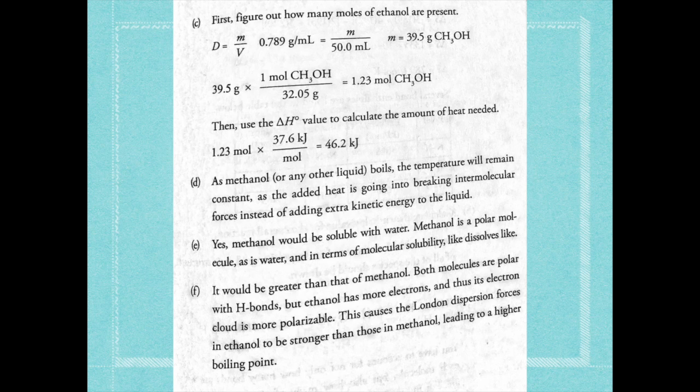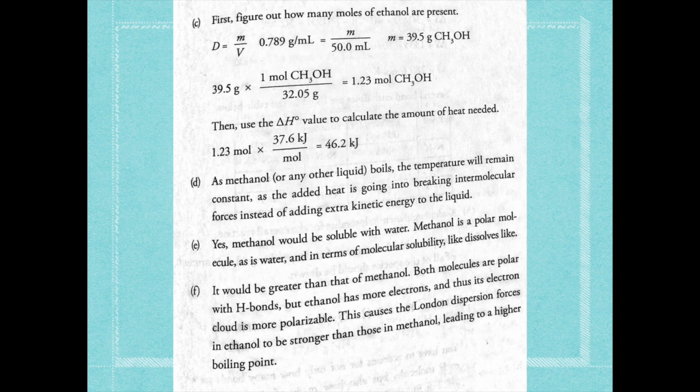Now, what's important is that since it is larger, it has more electrons. And since it has more electrons, it is more polarizable. So if you have a huge molecule, regardless of the type of intermolecular force you have, since it is so big, we say it has more electrons, therefore it is more polarizable.